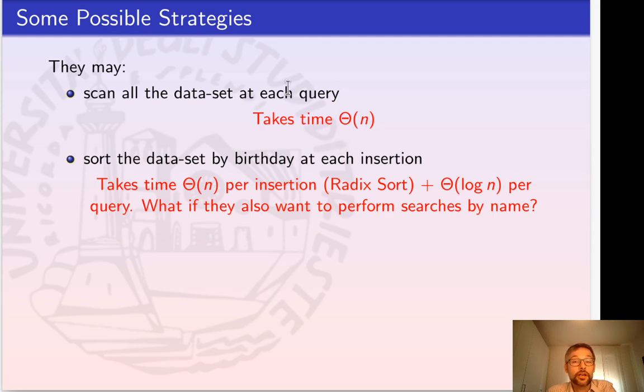If for each cell of the database you store a list of people whose birthday is the same, so all the people having the same birthday are contained in that cell, then you end up with a big O of n.